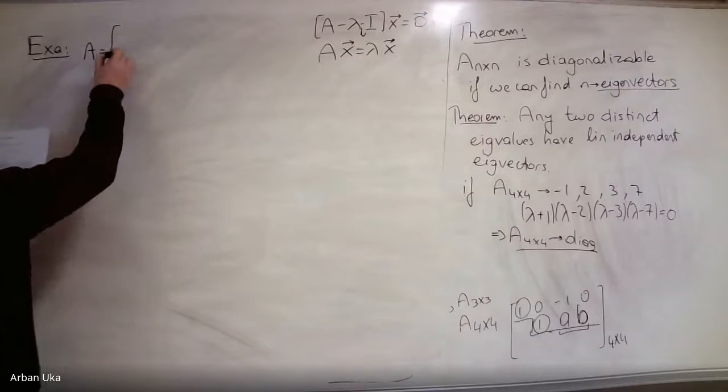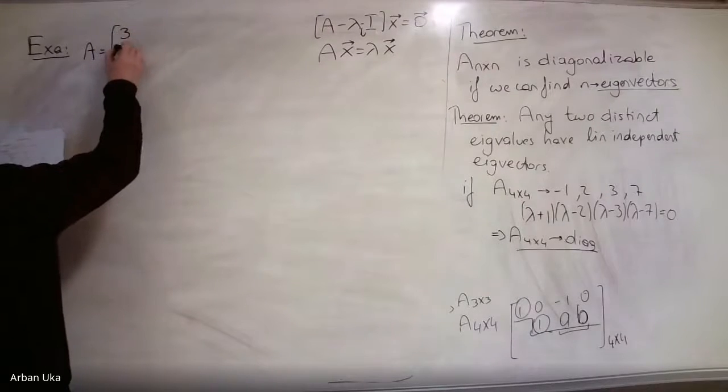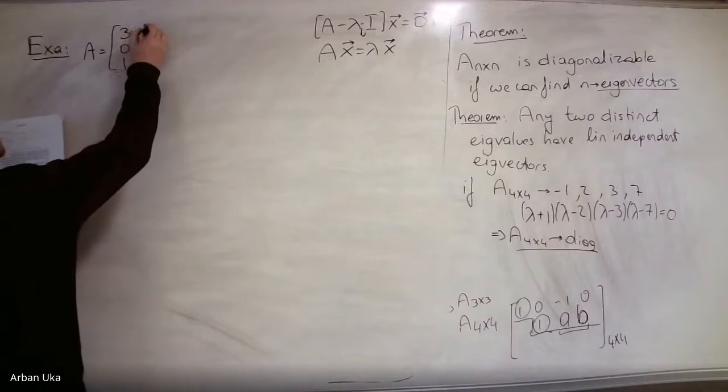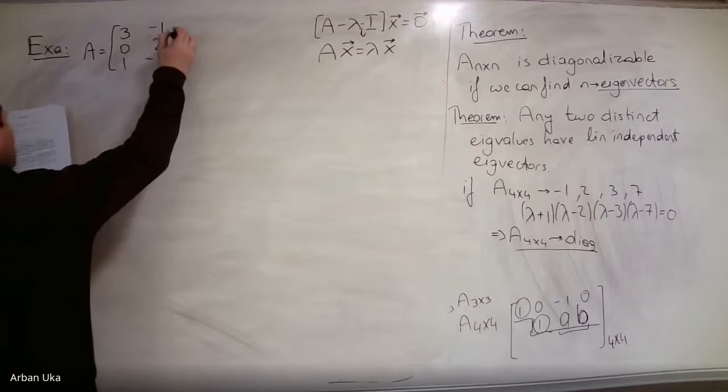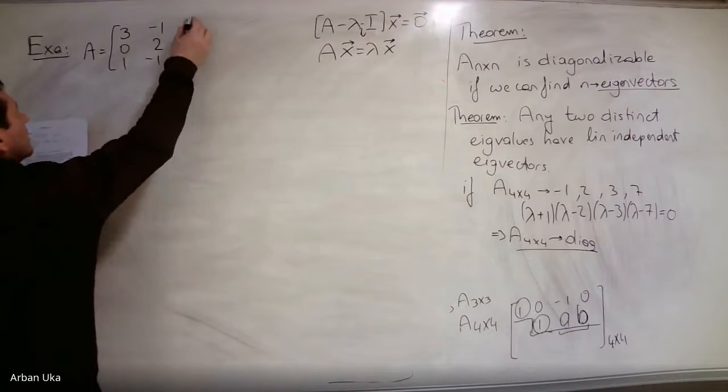Let's assume we have a matrix A, which is 3, 0, 1, minus 1, 2, minus 1, 1, 0, 3.